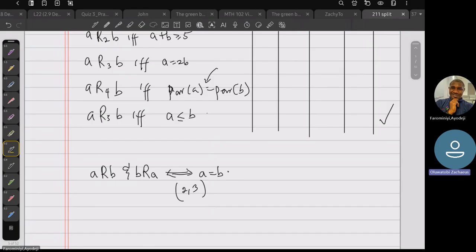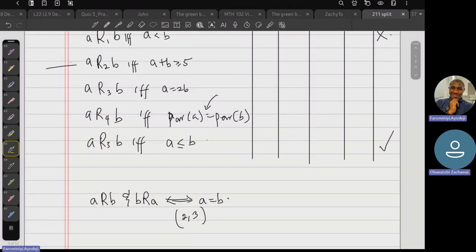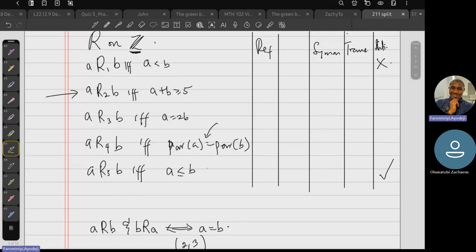R2 is described such that when you add A plus B, it must be greater than or equal to 5.